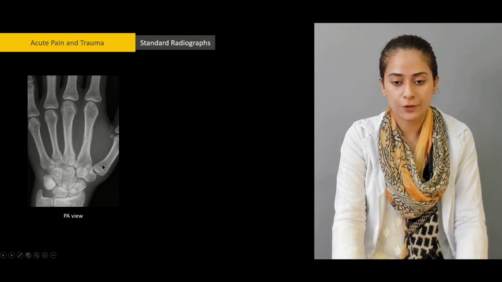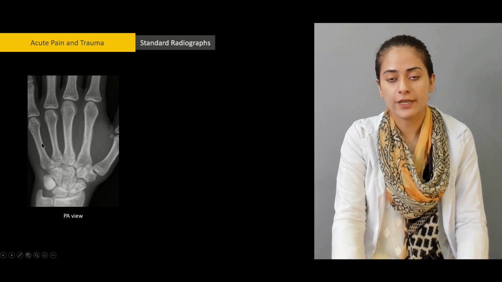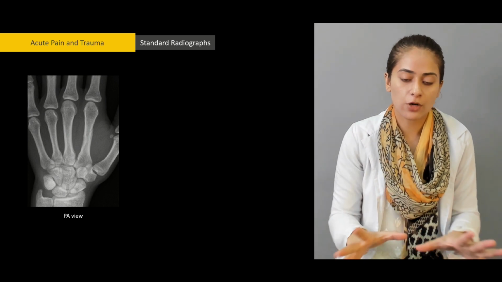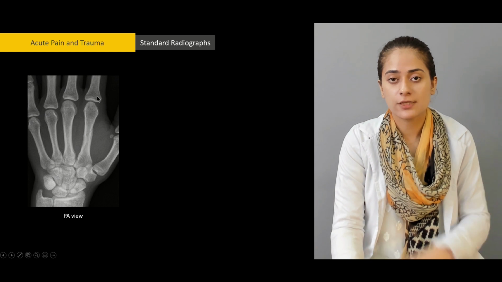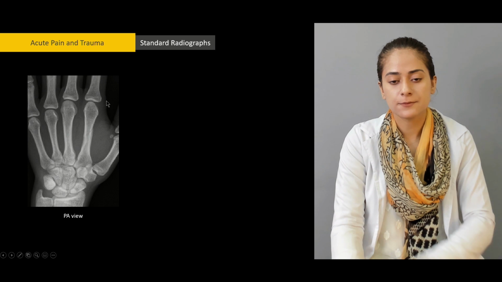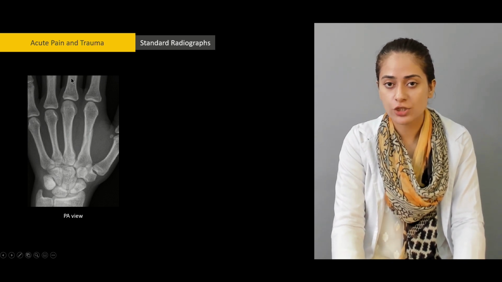So this is the first metatarsal, this is the second, the third, the fourth, and the fifth. I talked about the metatarsals before the carpals because it's going to be a little bit confusing. And then we have the phalanges, the proximal and the distal phalanges, and the joints as well. This is the metacarpophalangeal joint.